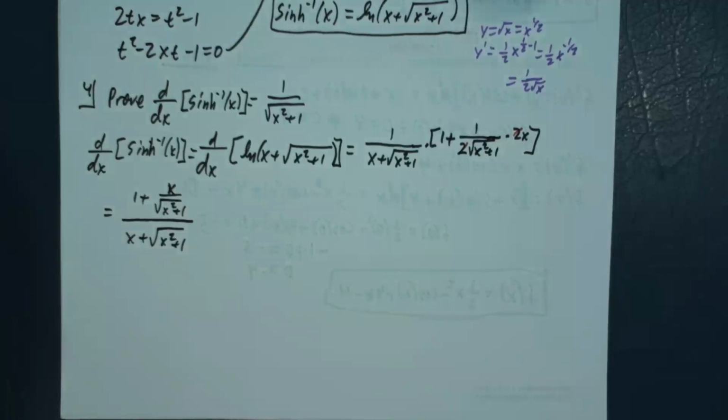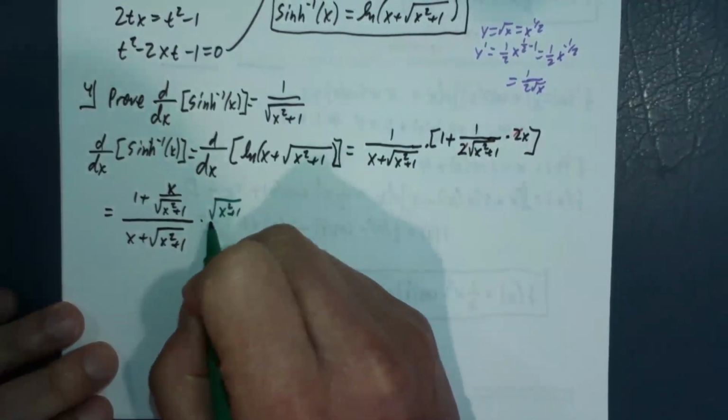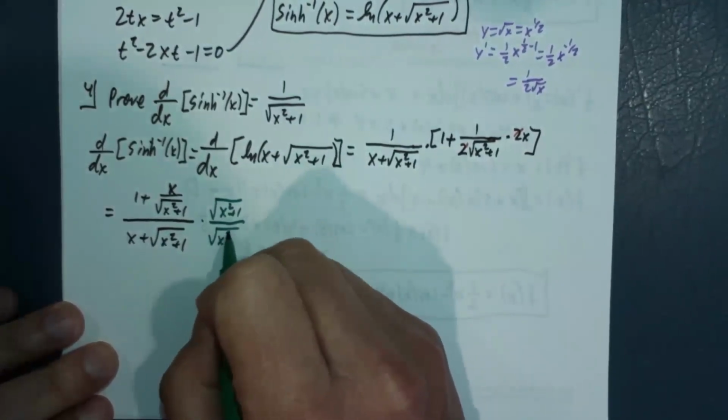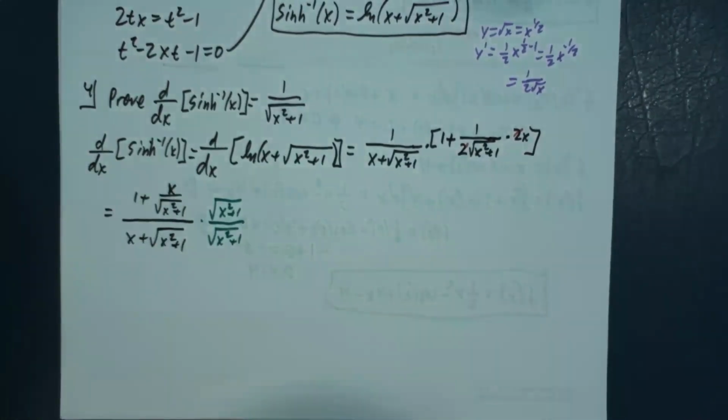There's a lot going on there. Again, double check everything as you're looking through that. I'm now going to multiply the top and bottom through by the square root of x squared plus 1, specifically to knock out that complex fraction there, that denominator there.